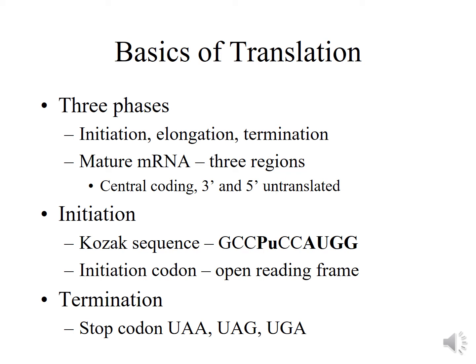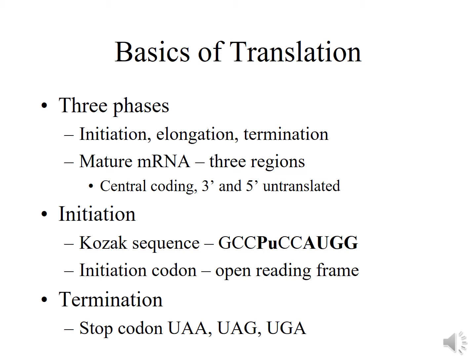In initiation, certain sequences are important, and that includes the Kozak sequence. The process of translation begins when the 5' end of the mRNA moves along to find the start site, or the initiation codon, which is an AUG trinucleotide embedded within the broader, less defined Kozak sequence.